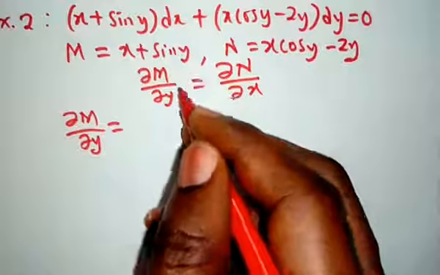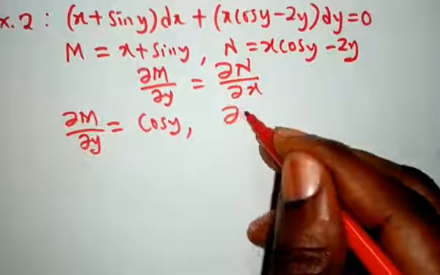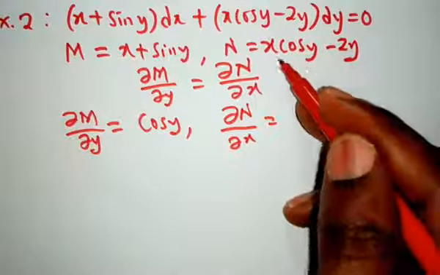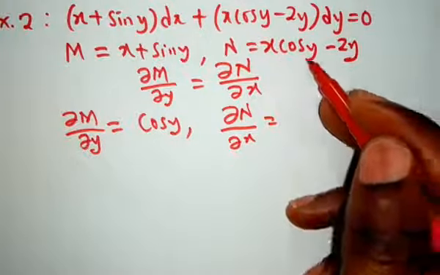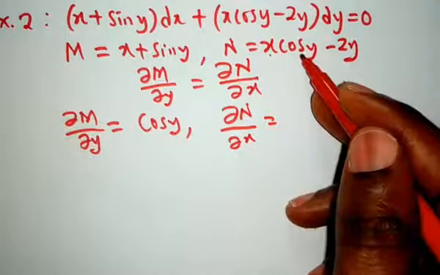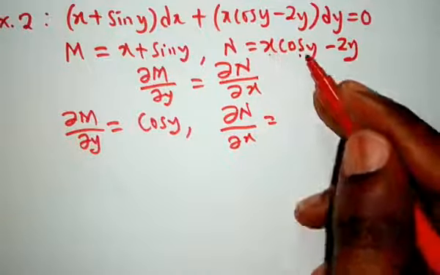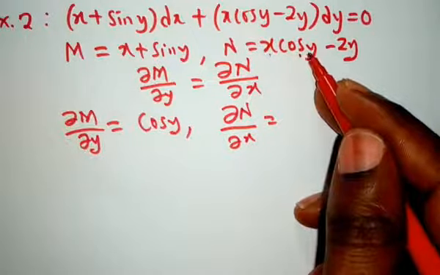Differentiate sine y with respect to y gives cos y. So partial N partial x equals, if we differentiate this with respect to x, we can apply the product rule here. Keep this constant, differentiate cos y with respect to x, which is 0.